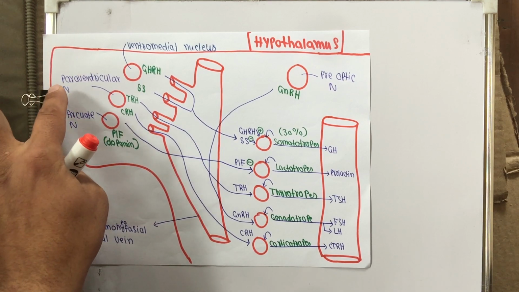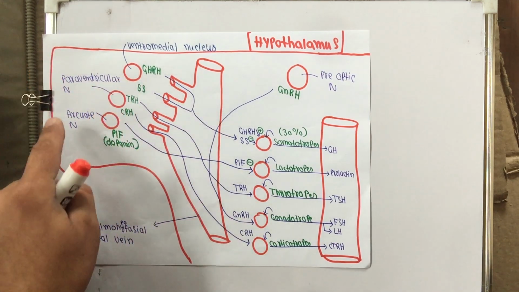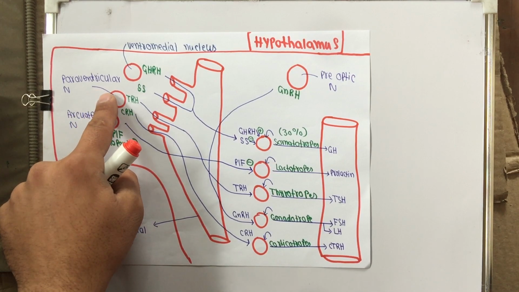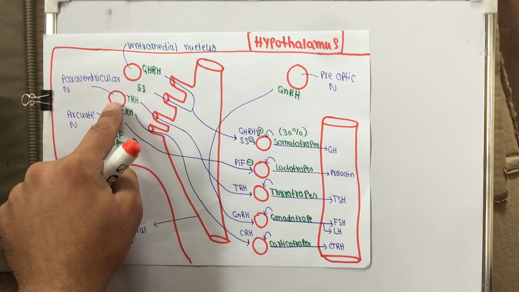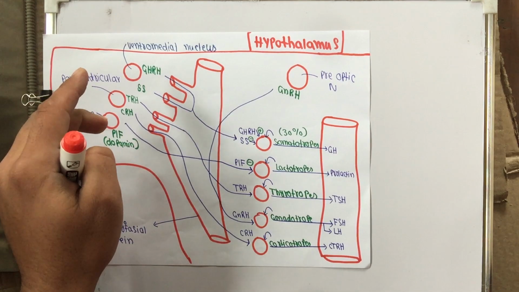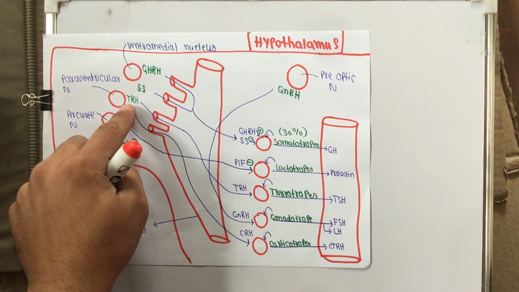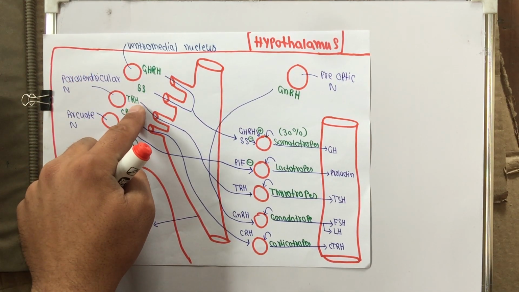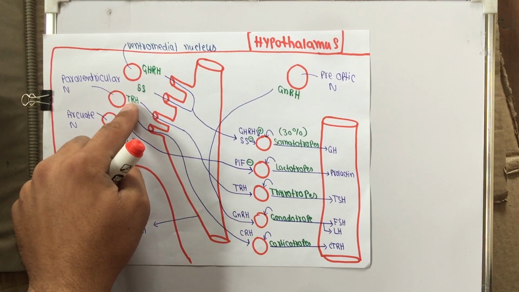another type of nucleus is the paraventricular nucleus. This nucleus produces hormones or factors, number 1 being thyrotropin releasing hormone.